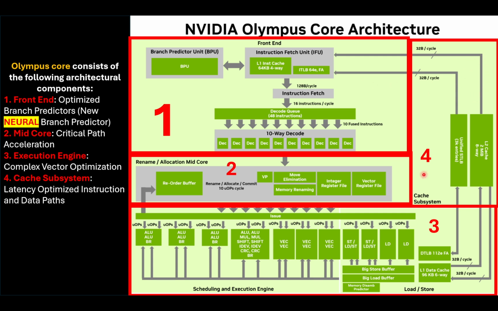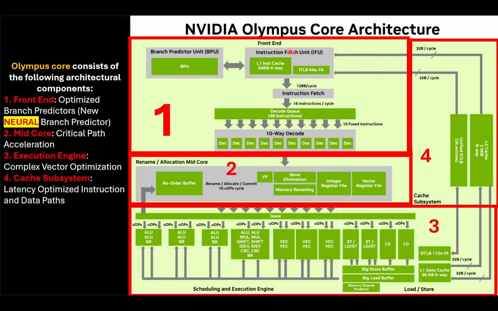We will see the purpose of this. The latency-optimized instruction and data paths are a section to avoid latency. I'm not sure, I must check, whether it's really true that every Olympus core has 2 megabytes of L2 cache within itself, but we will check that later.